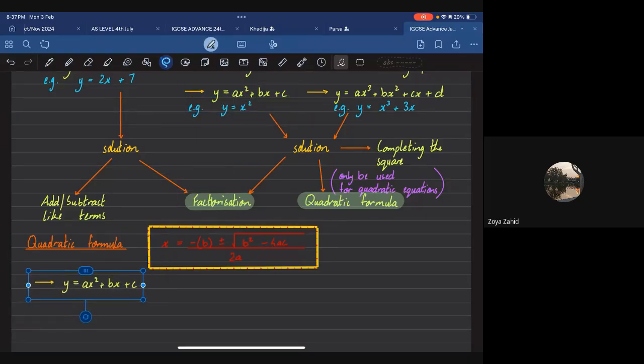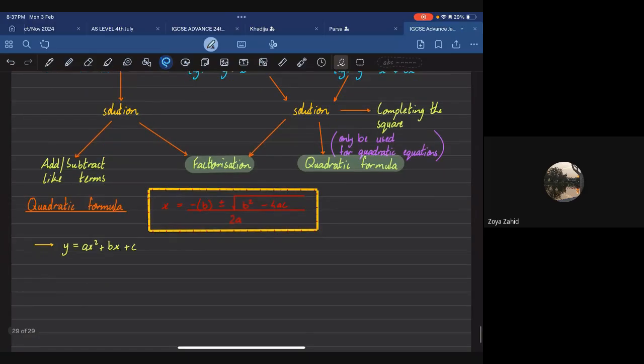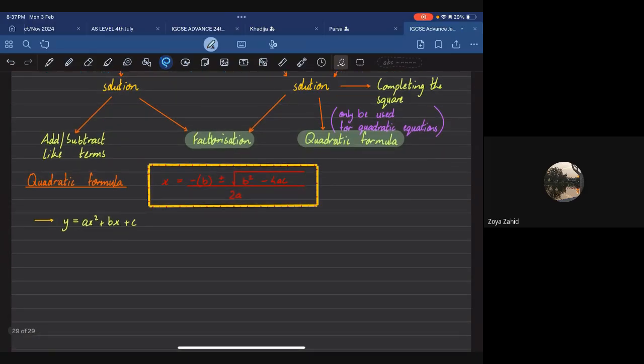But in order to use the quadratic formula, I'm going to have to further change this equation by putting y equal to 0, and then write it down as ax squared plus bx plus c.